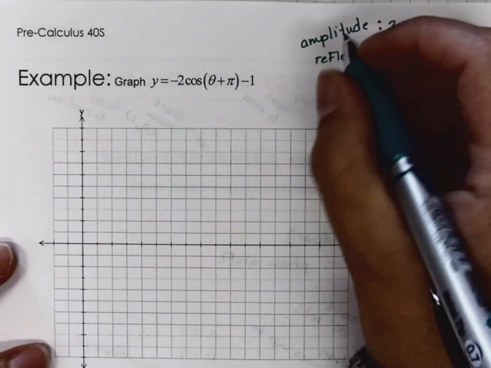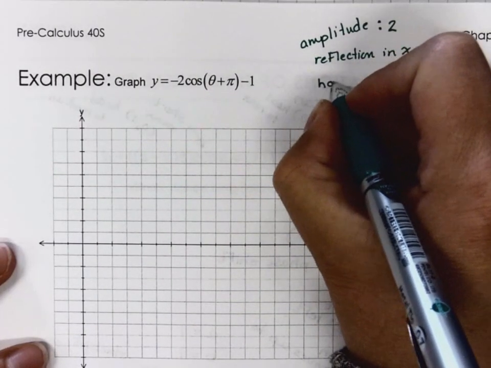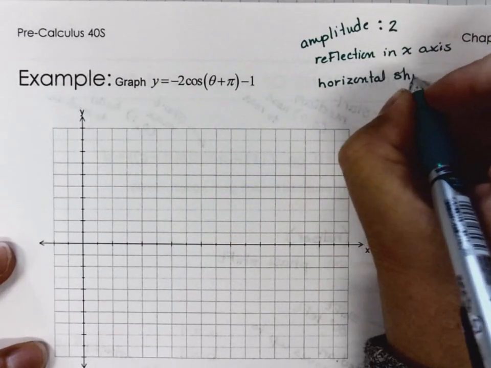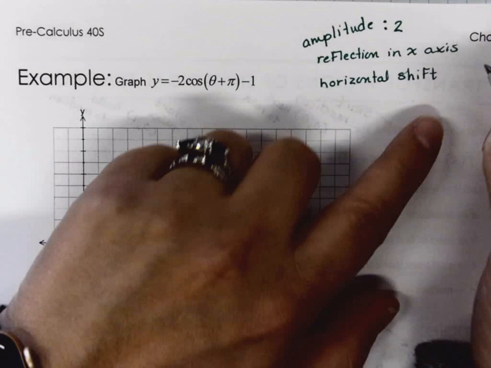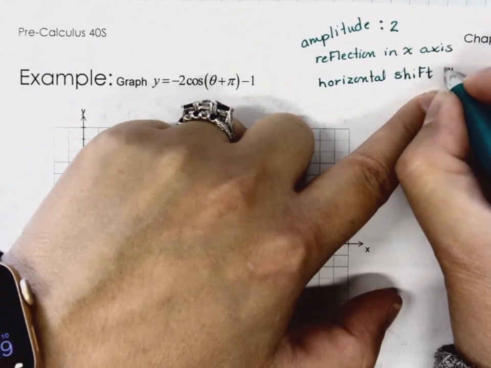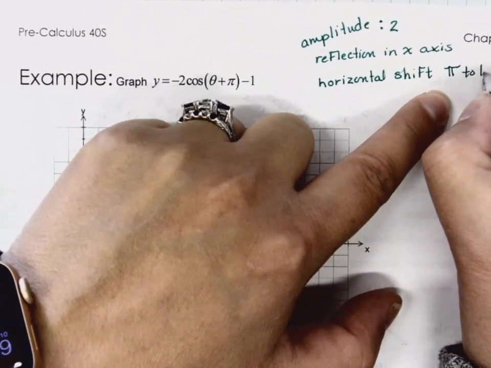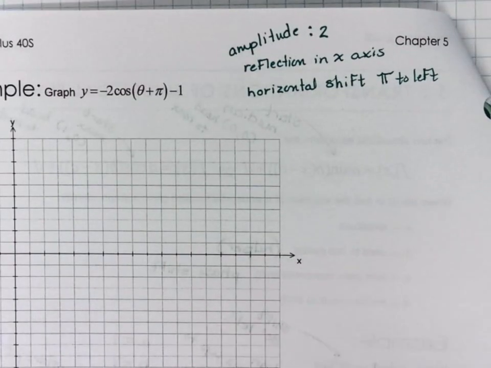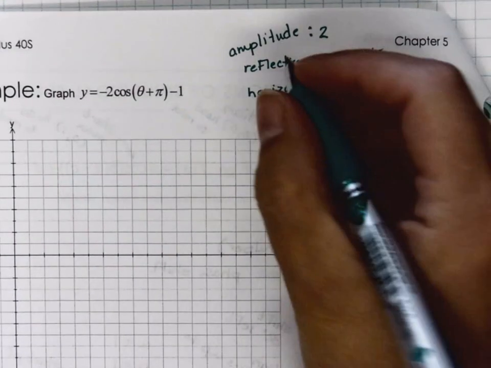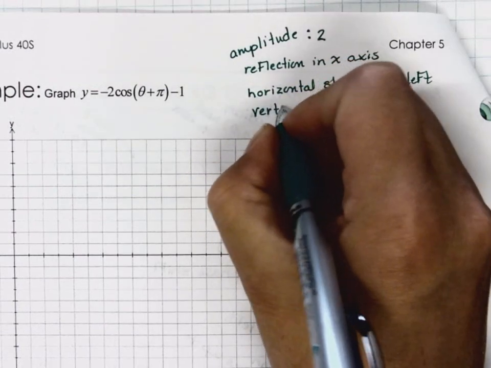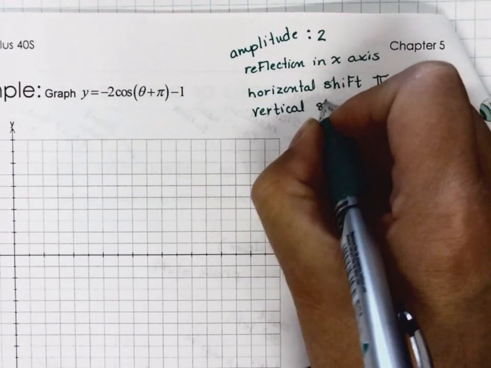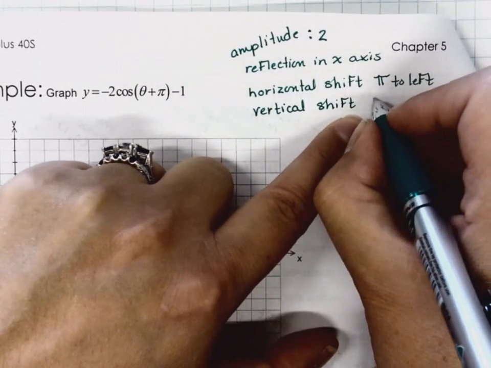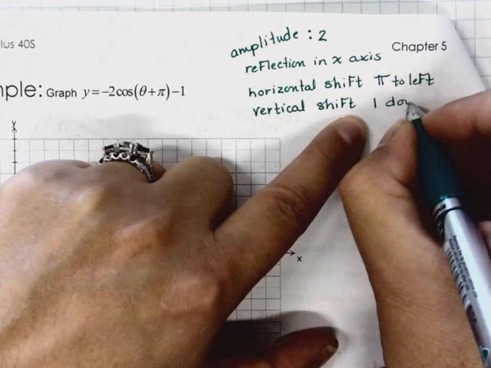We have a horizontal shift of pi to the left. Ooh, sorry, you guys can't see that. Pi to the left. And we have a vertical shift one unit down.